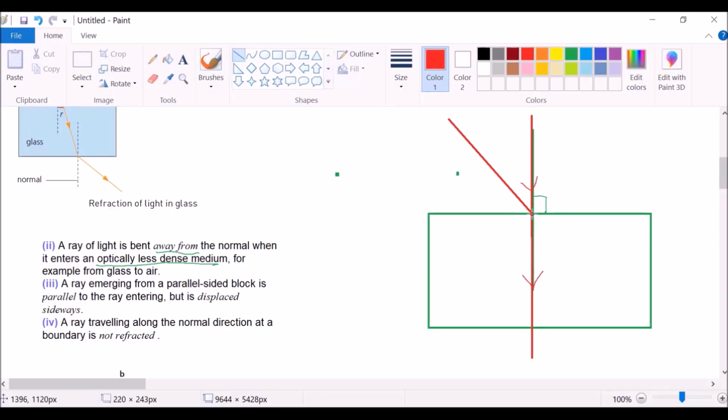Only waves that are coming in at an angle are refracted or bent. So a ray traveling along the normal direction at this boundary is not refracted, no bending, it goes straight through.